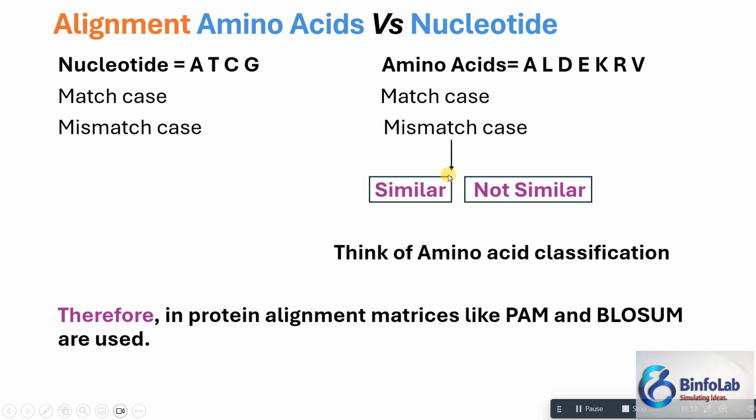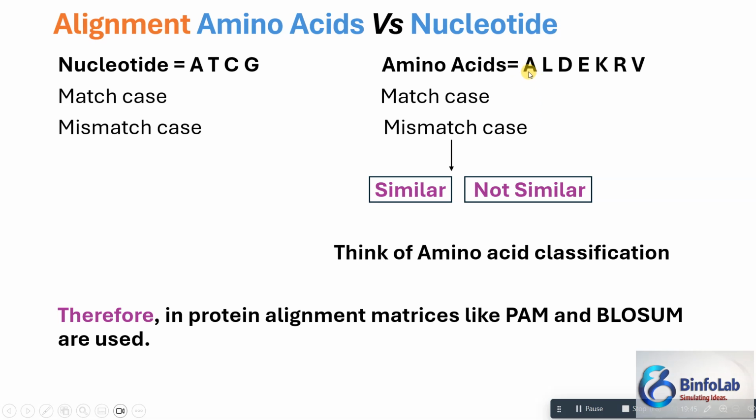So this is a classical case now. If sequence 1 has alanine, and sequence 2 also contains alanine, A, in this position, it will be called a perfect match case. What if sequence 2 contains valine, V?